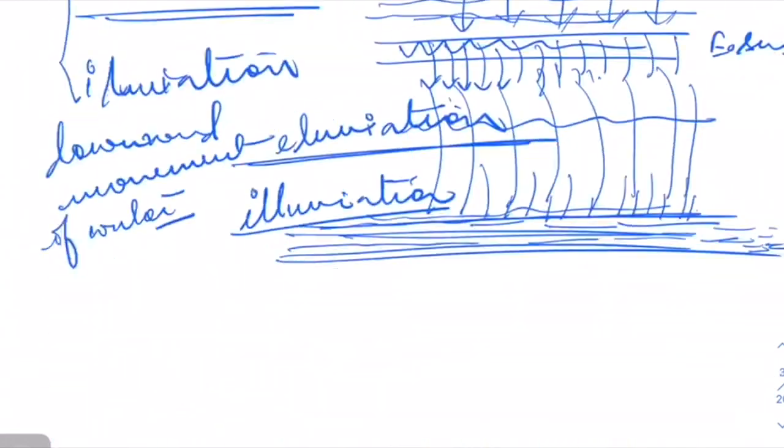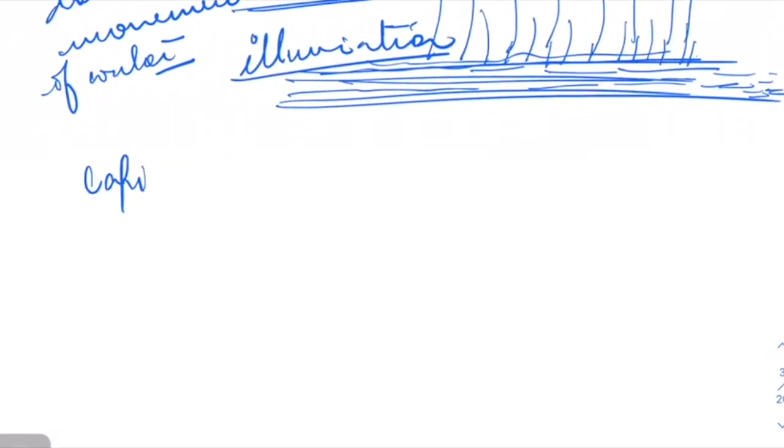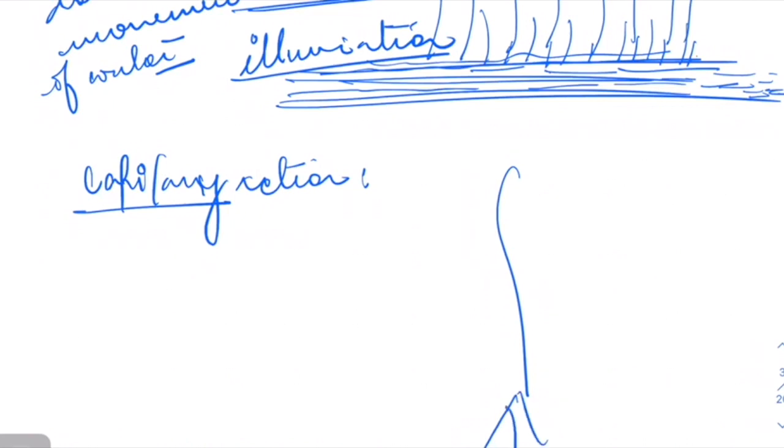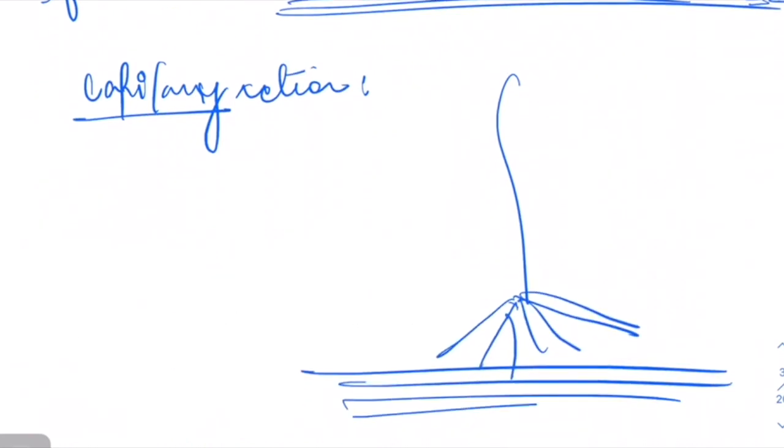Next comes capillary action. We all must have read in our previous classes that capillary action is the reason how water comes up to the plants, like leaves and all. Suppose there is a plant and these are its roots, and this is soil, earth.